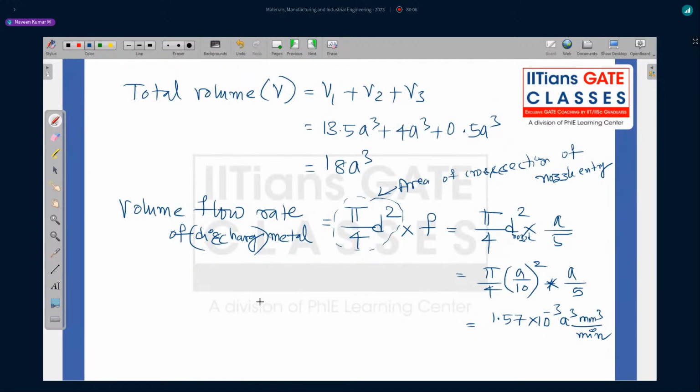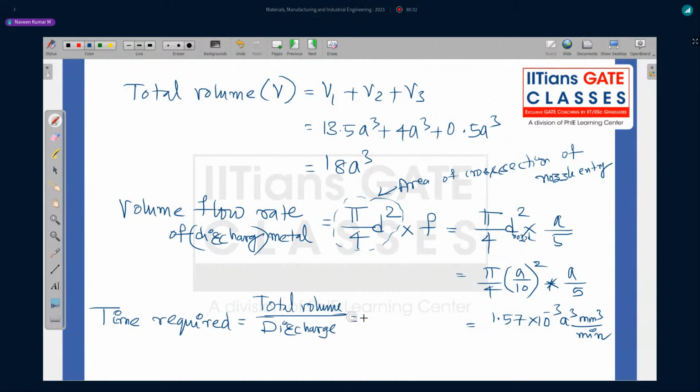Okay. So what is the time required now? We have seen in casting also the total time required for filling, if you remember, what was that? Volume of the casting, that is what we have to fill, divided by the discharge, same thing. So total volume by discharge.